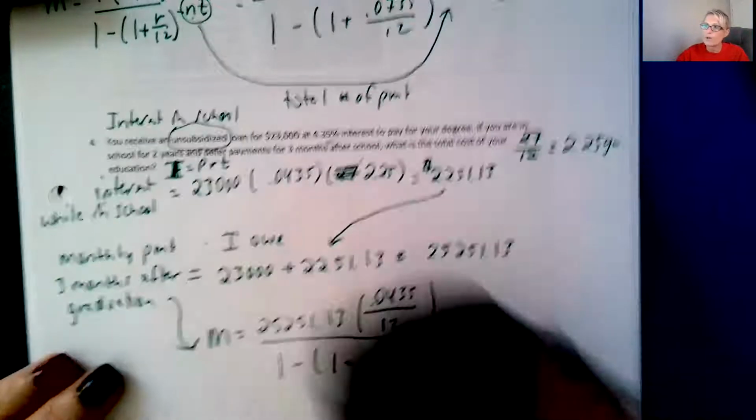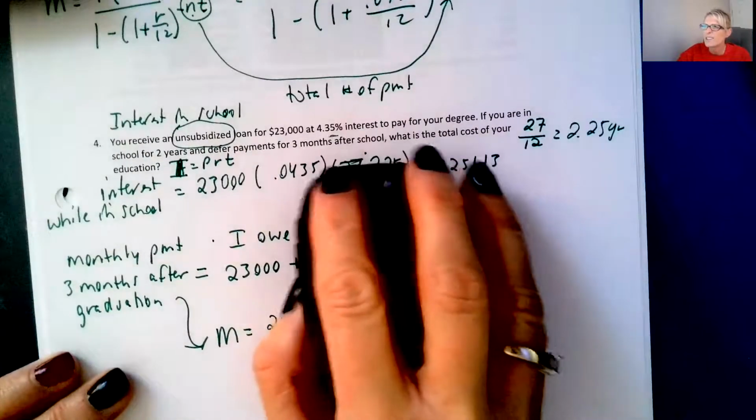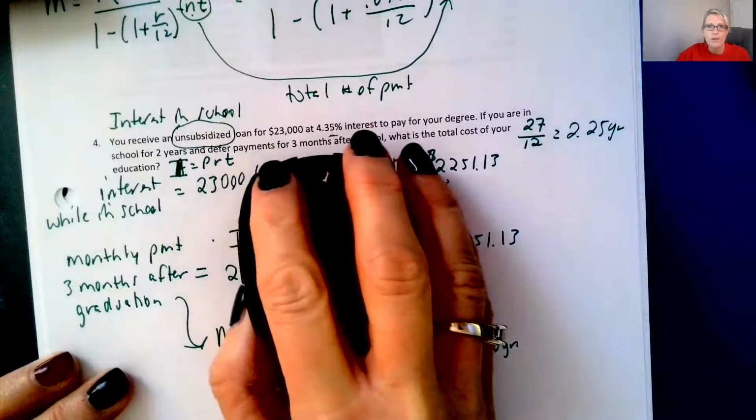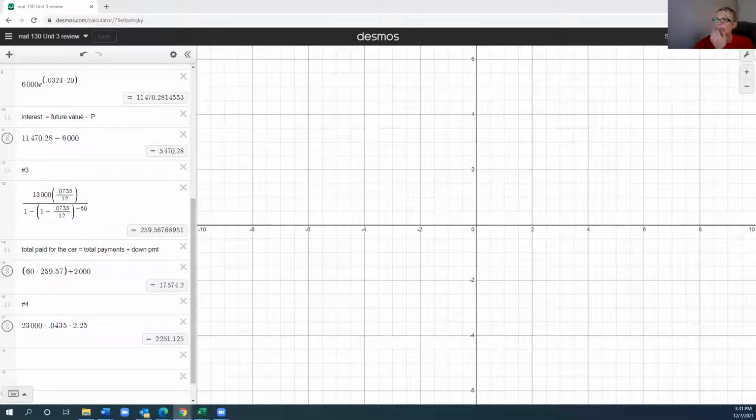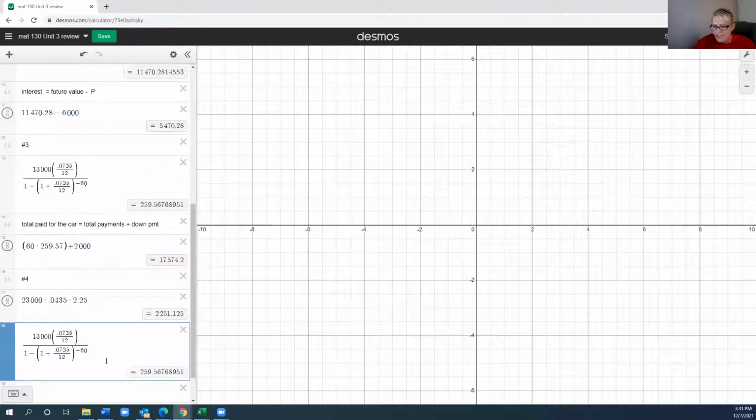So let's go to Desmos. The cool thing in Desmos is that the monthly payment formula that we use is the same every time. We just have to change all of our pieces. So I'm going to copy this one from above and edit everything.